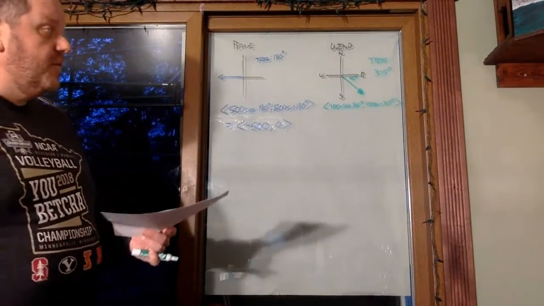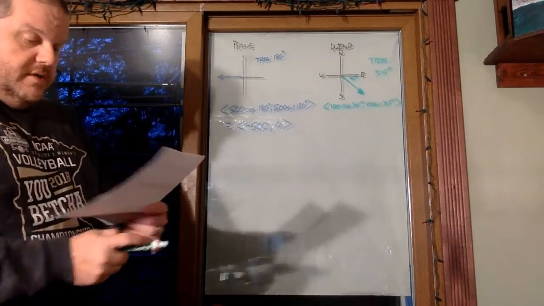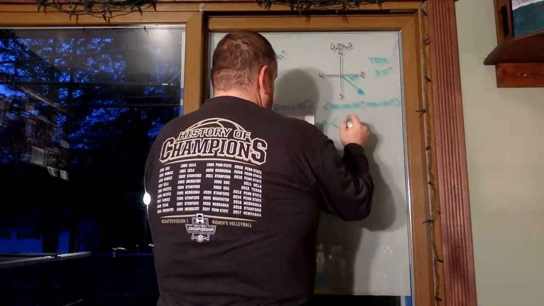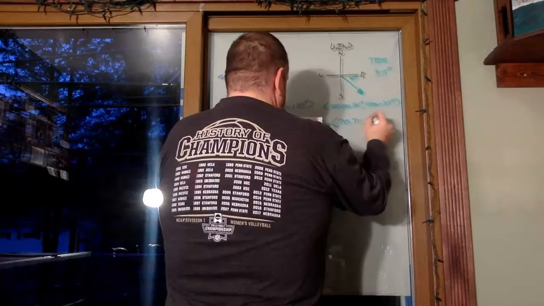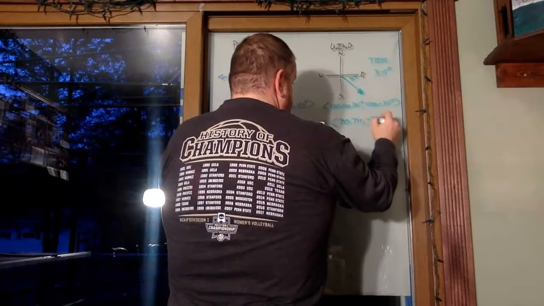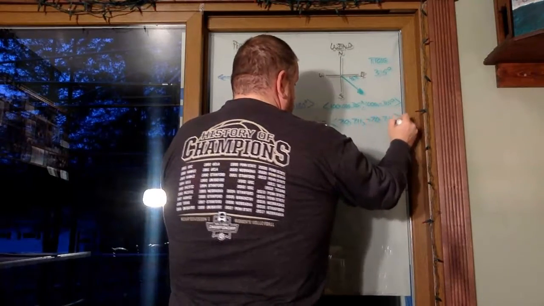So that's 100 cosine of 315, 100 sine of 315, or 70.711, negative 70.711.